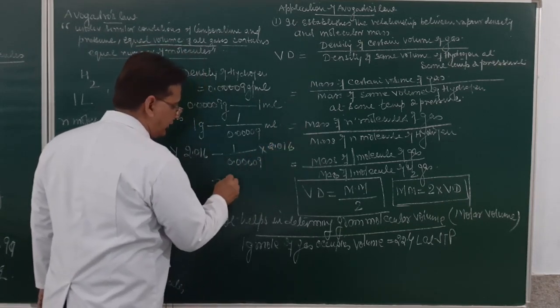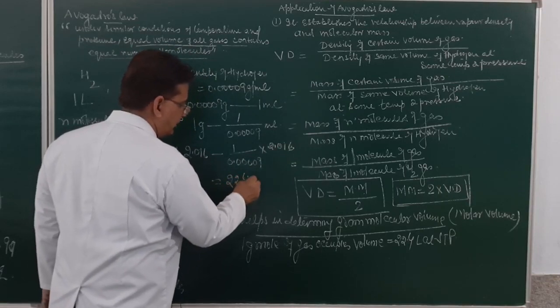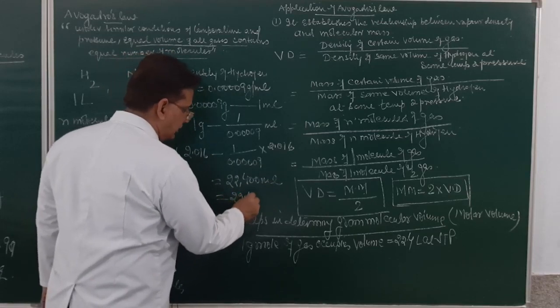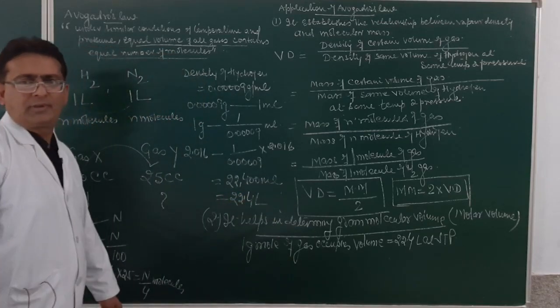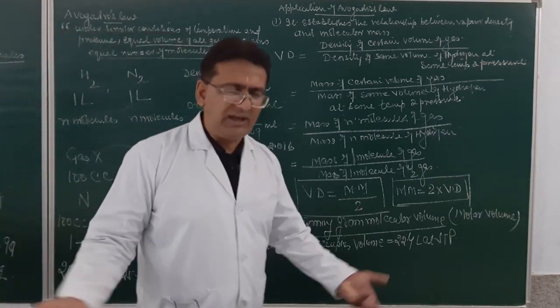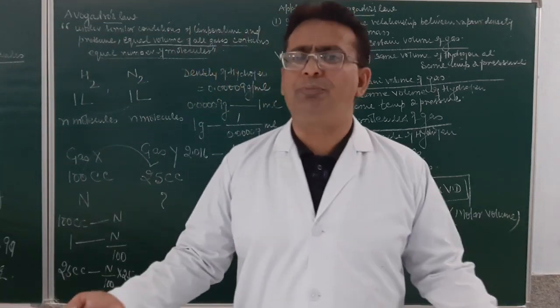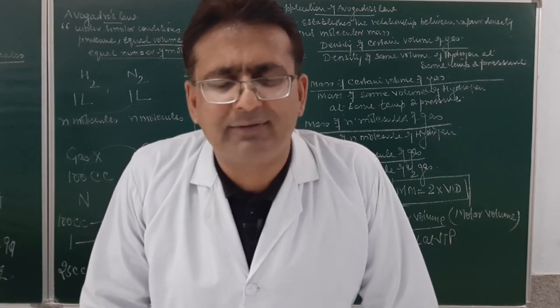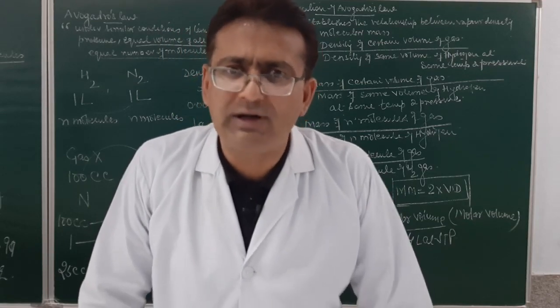On solving it out, it comes to be equal to 22,400 ml, which will be equal to 22.4 liter. Is it clear? So there is nothing to cram. Everything is a proof in chemistry. What is the volume occupied by 1 mole of a substance? It will always be equal to 22.4 liter.